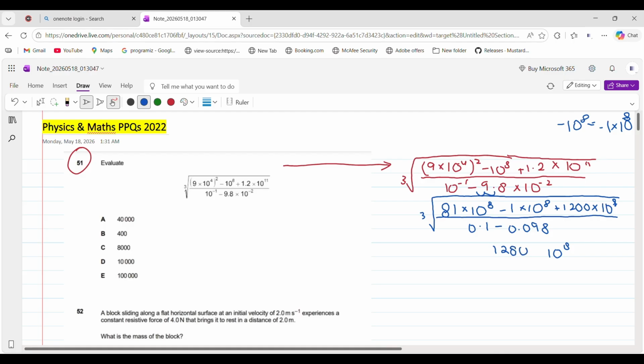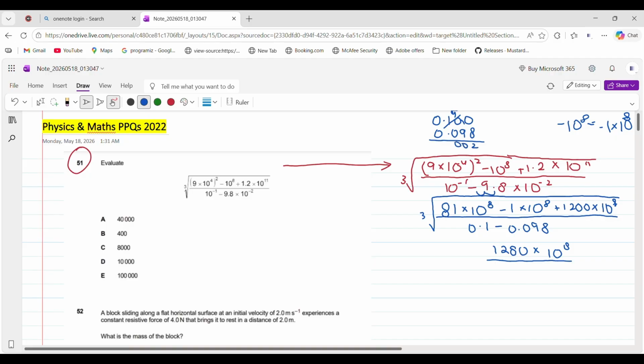Okay, in the denominator, what we are left with is 0.100 minus 0.098. Let's see, this becomes 9 now. 1, 10 minus 8 is 2, and 9 minus 9 is 0, 0, 0.